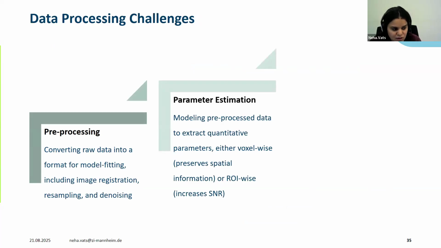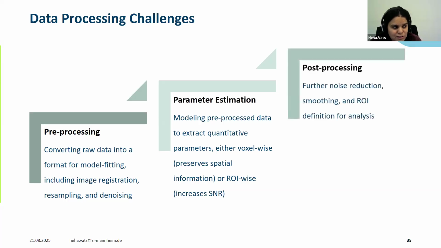That could be either voxel-wise, which preserves spatial information, or ROI-wise, which increases the signal-to-noise ratio. So you have to decide. We also face challenges at the post-processing stage, where further noise reduction, smoothing, or ROI definition are challenges that are to be taken care of for analysis.